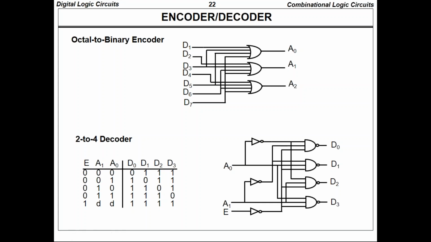Okay. So what is the difference between demultiplexer and decoder? A multiplexer has one output and 2 power n inputs. A demultiplexer has only one input and multiple outputs.